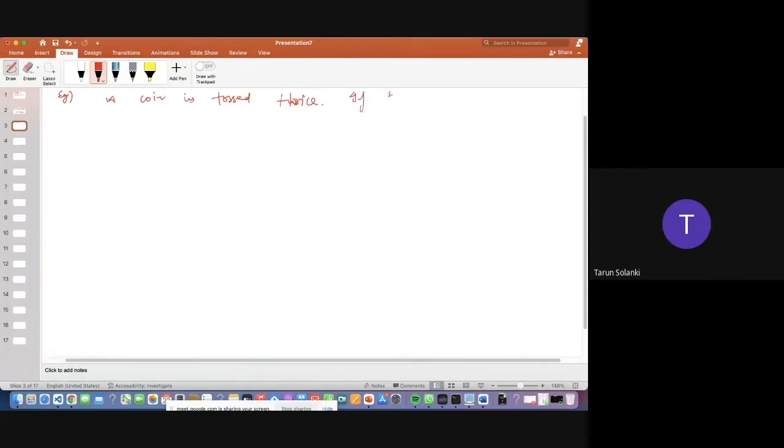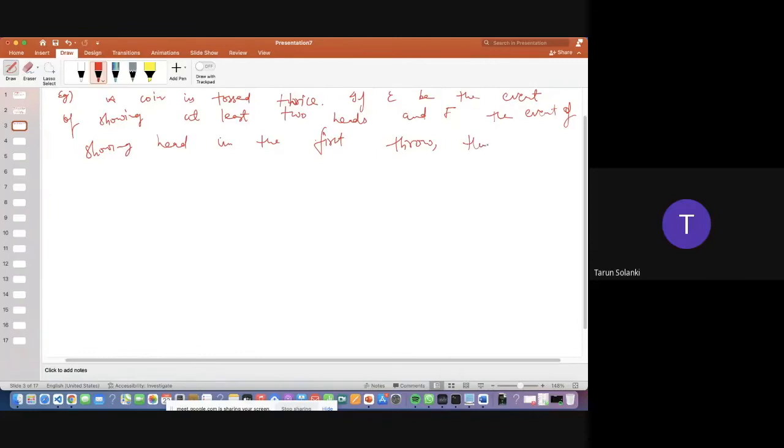If E be the event of showing at least two heads and F the event of showing head in the first throw, then find probability of E by F.